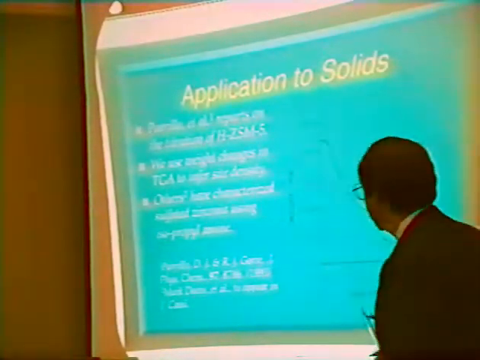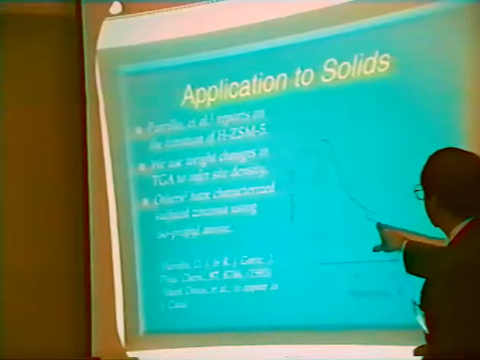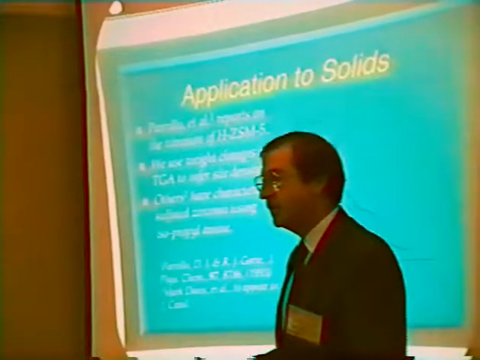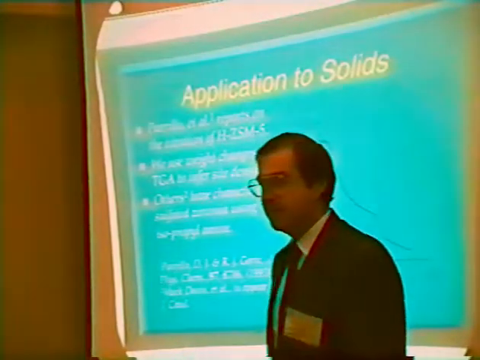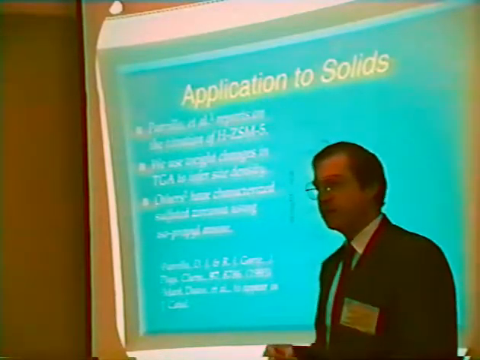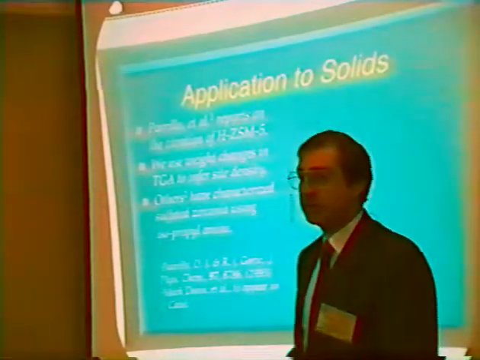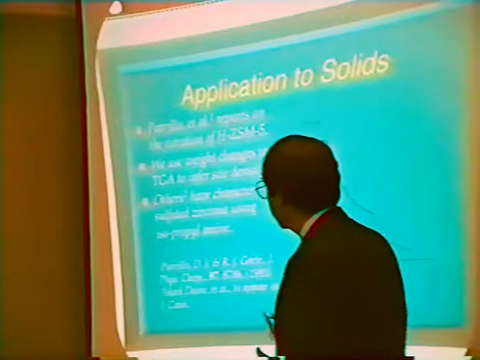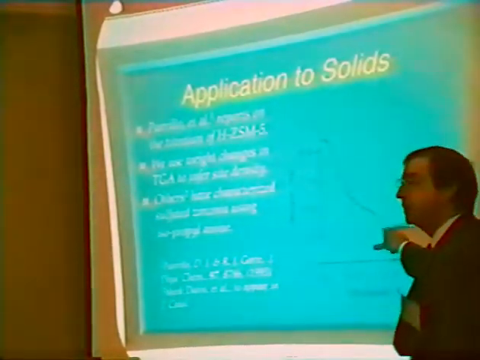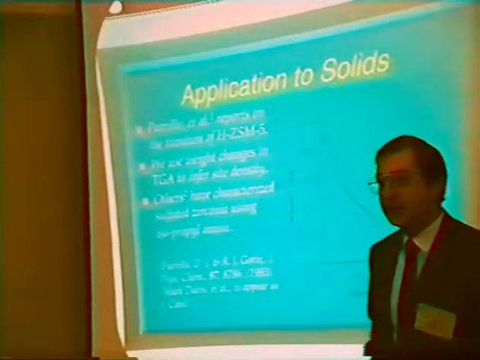So therefore, he and his group measured this weight change at high temperature, and then inferred from that what must have been the amount of amine that reacted. They also repeated this experiment by measuring the amount of olefin that was produced, and we got a nice agreement. And then, of course, from that, one can infer from the stoichiometry what must have been the Bronsted site density.